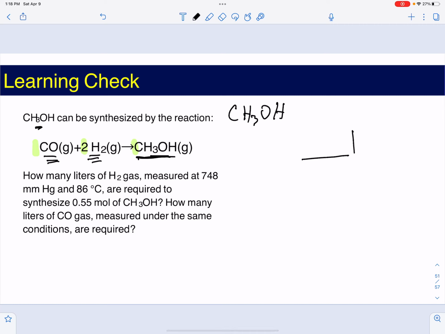So we're trying to find the amount of liters of hydrogen gas.